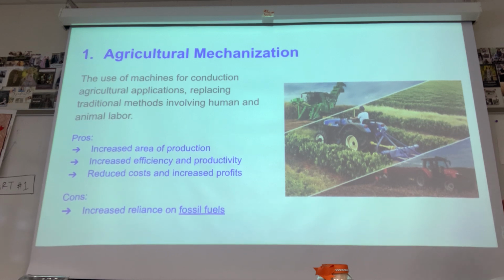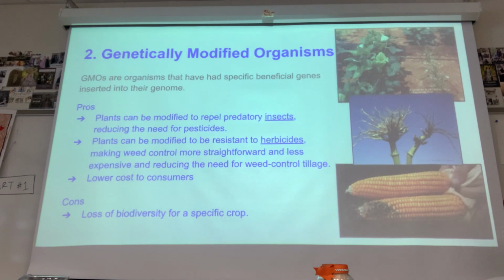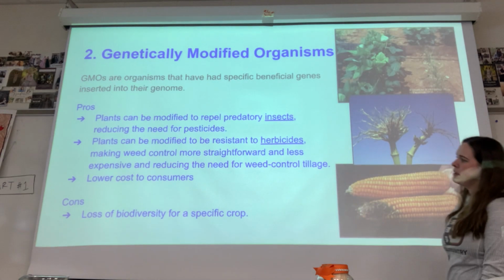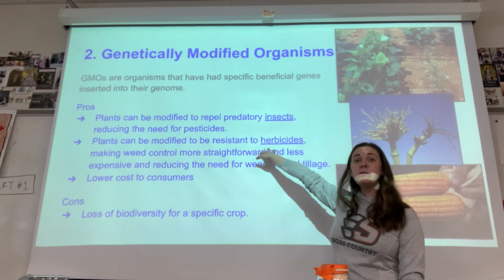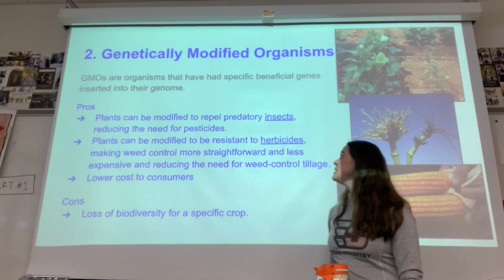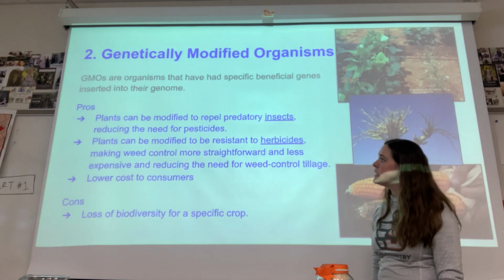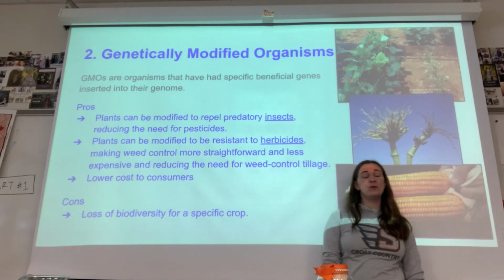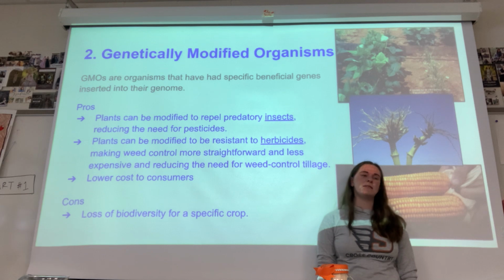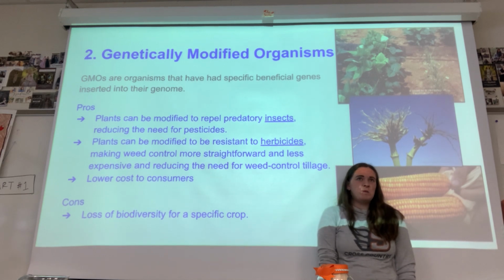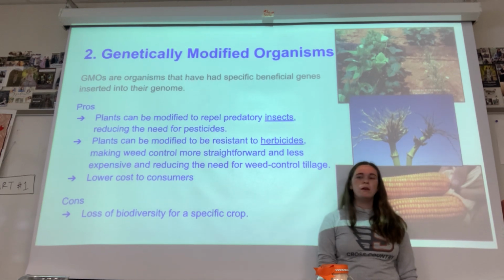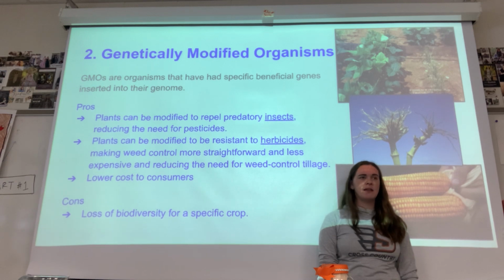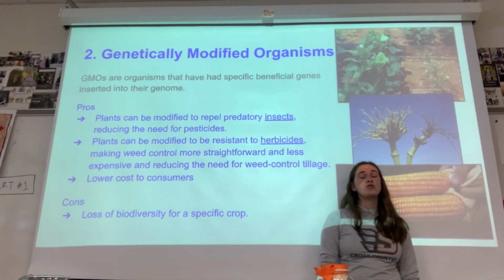The next big step in the Green Revolution was GMOs. So, pros of GMOs: plants can be modified to repel predatory insects, reducing the need for pesticides. If we can find plants that repel insects themselves, then we don't have to use pesticides, which is awesome, right? Because pesticides are not the greatest. They can kill other animals rather than just what you're trying to kill.